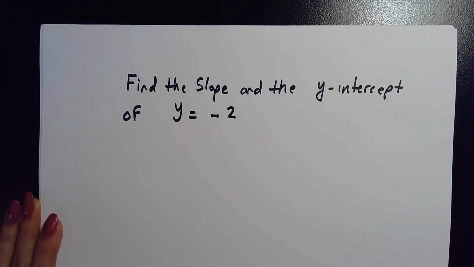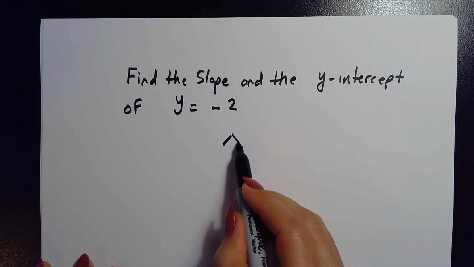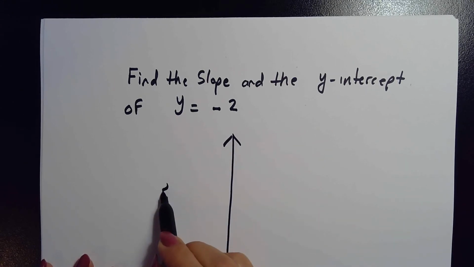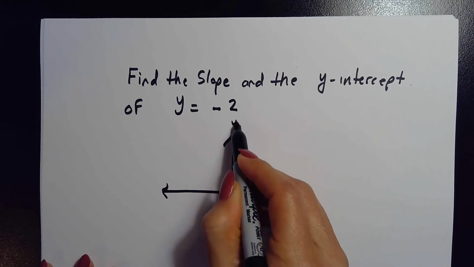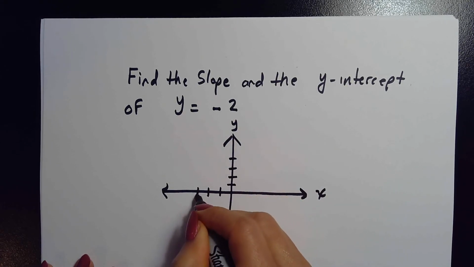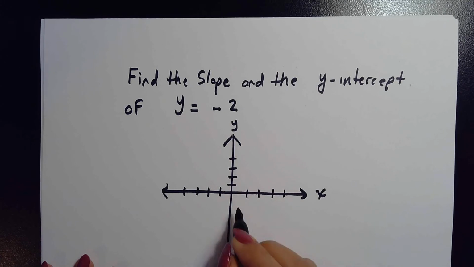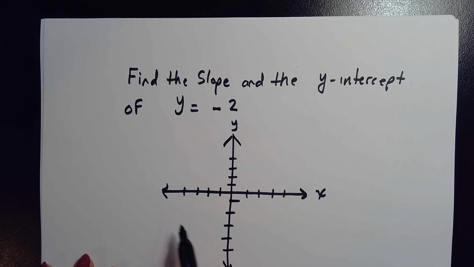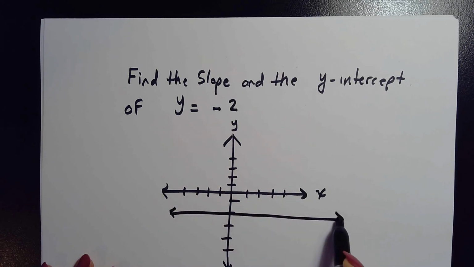Well, we know that if I graph this line, it's going to be a horizontal line, right? It'll be a horizontal line at -2. So let's say this is the line at -2. This is y equals -2. So y equals -2 is going to be a horizontal line like that.